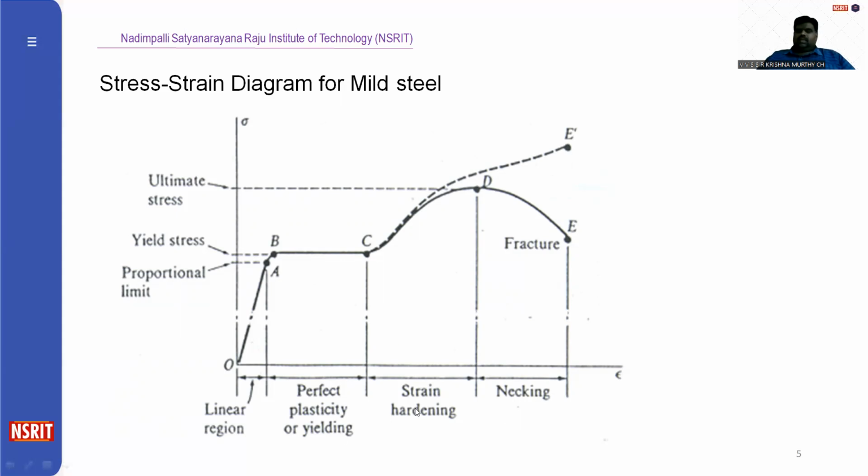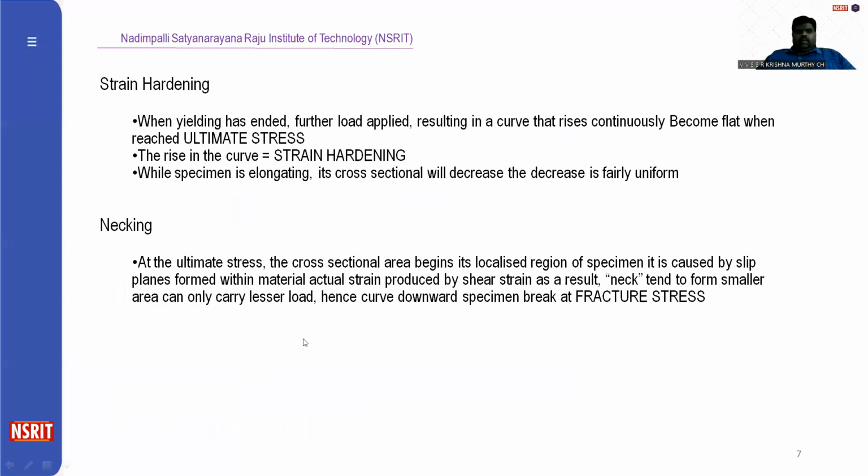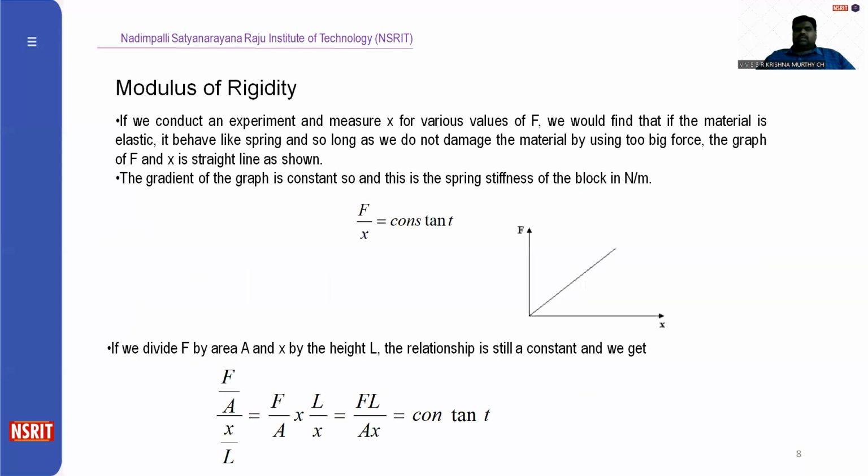So what do we mean by strain hardening? Once yielding has ended and the load is applied, the resulting curve rises continuously and becomes flat when it reaches the ultimate stress. While the specimen is elongating, its cross-sectional area decreases fairly uniformly. After that point, a necked region forms, with slip planes within the material and shear strain as a result. The neck tends toward a smaller area, and the specimen reaches the fracture stress.